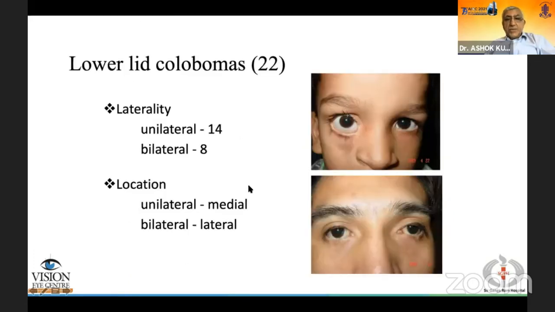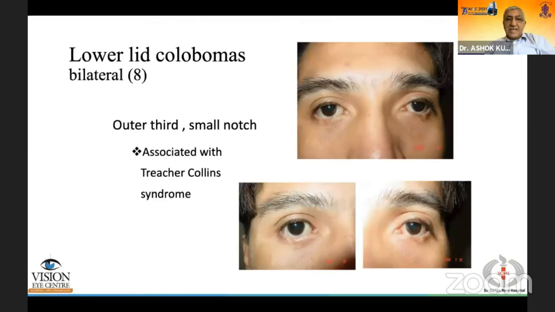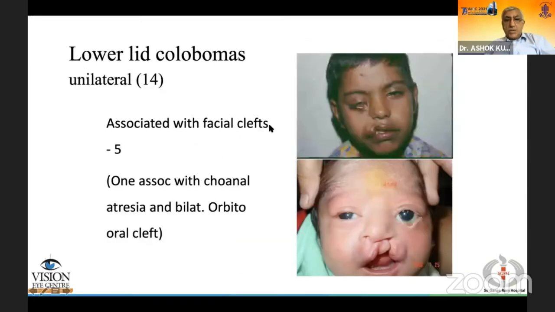Lower lid colobomas may be again unilateral or bilateral. Unilateral ones are usually medial, associated with clefts, and bilateral ones are usually those with Treacher-Collins syndrome, smaller and in the lateral part. So bilateral ones are with Treacher-Collins, and they are usually a small notch.